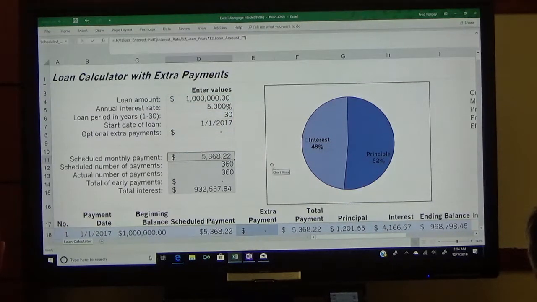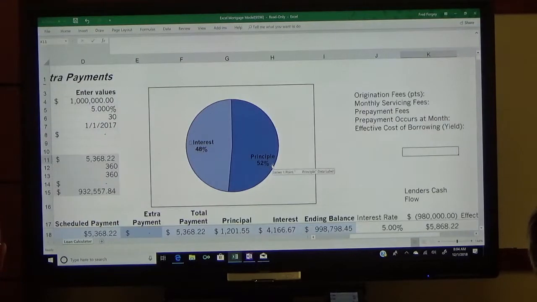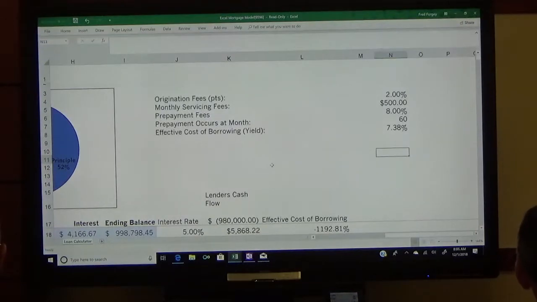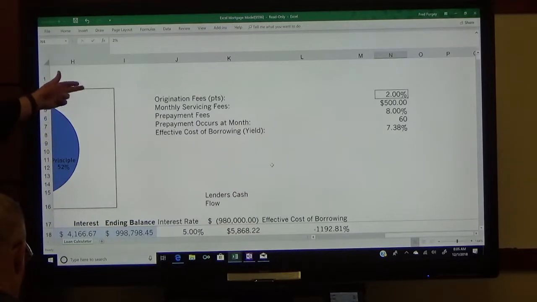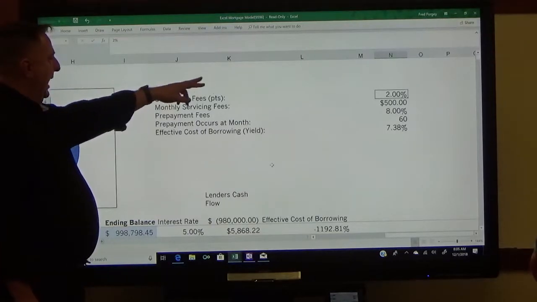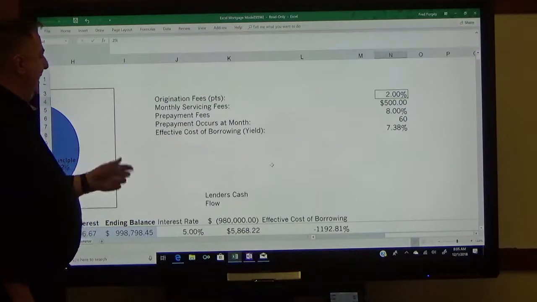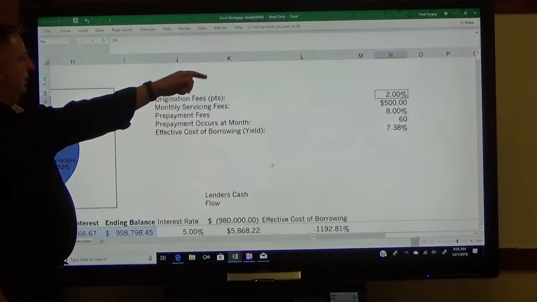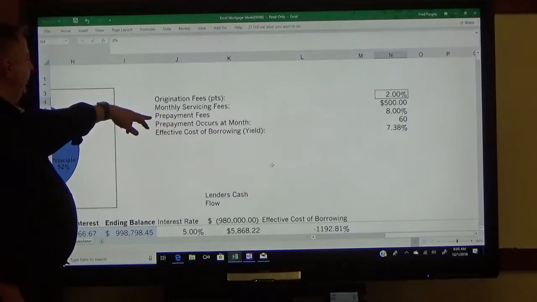Okay. Now over here on the right-hand side of the model are the little add-ins to this that we added a year or two ago. And this is where we can have loan origination fees as a percent of the overall loan amount. Monthly servicing fees or administrative fees of, in this case, $500 per month.